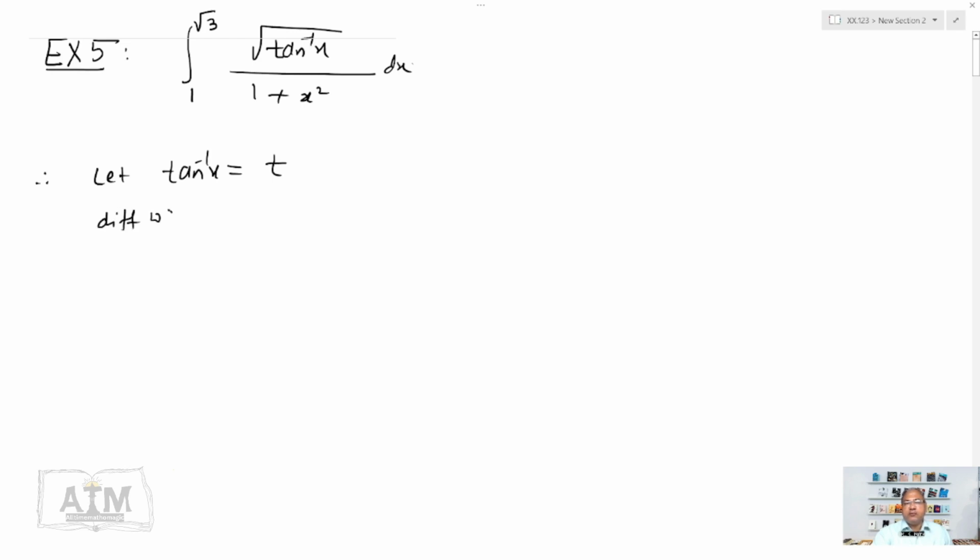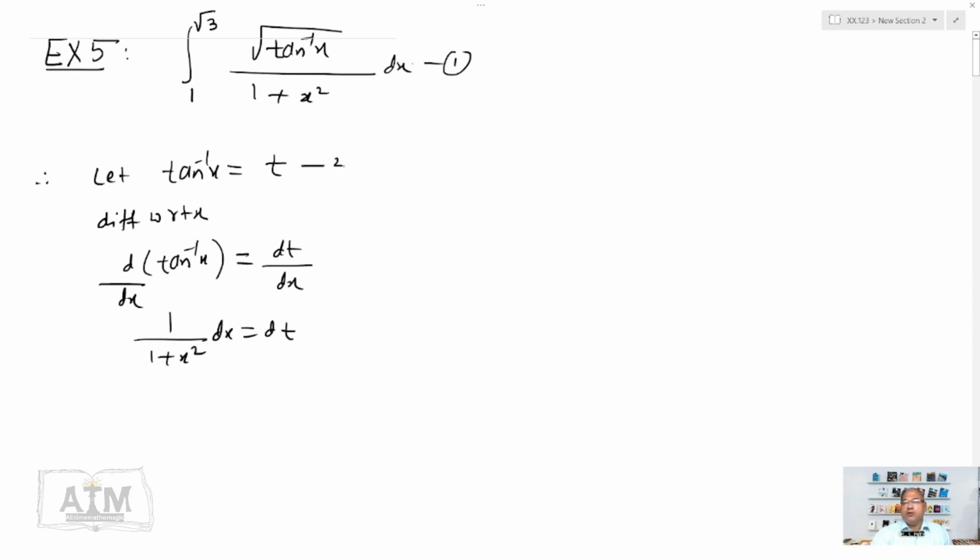Differentiating with respect to x, the differentiation of tan inverse x with respect to x equals dt by dx, that is 1 upon 1 plus x square dx equals dt. Call it 1, 2, 3.